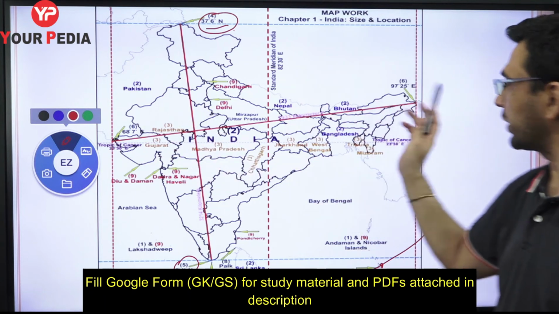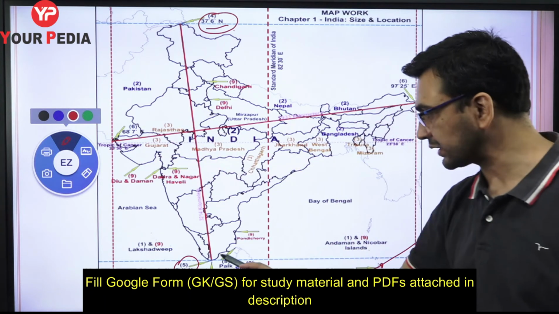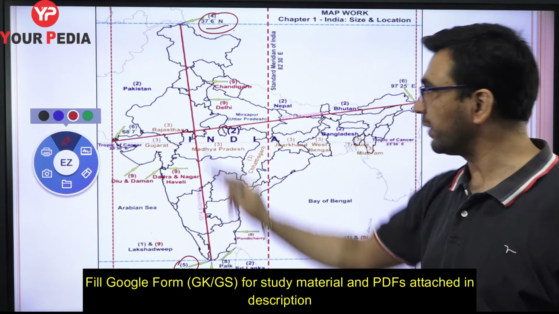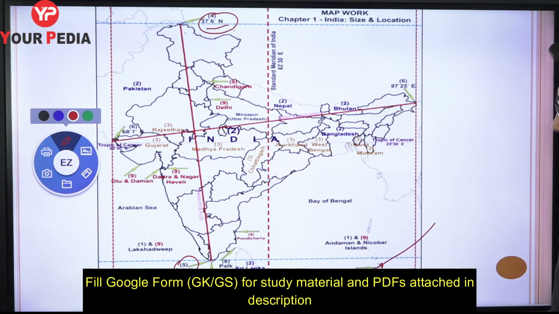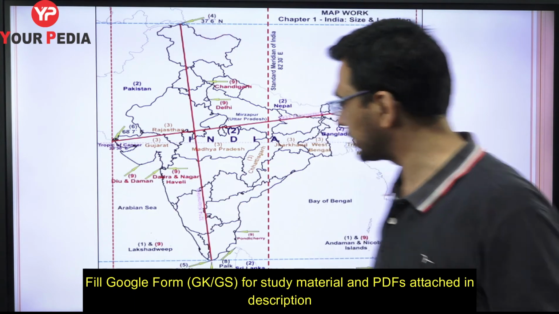And obviously this point is going to remain the same. But when we ask in terms of mainland India, then you will say mainland India from this to this. So these two differences you should always keep in mind.